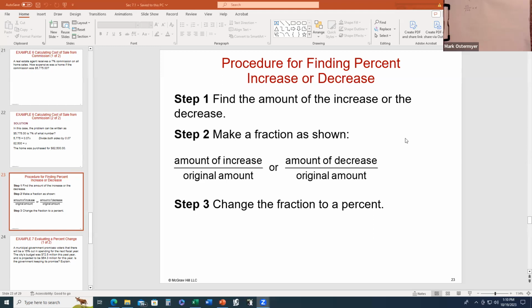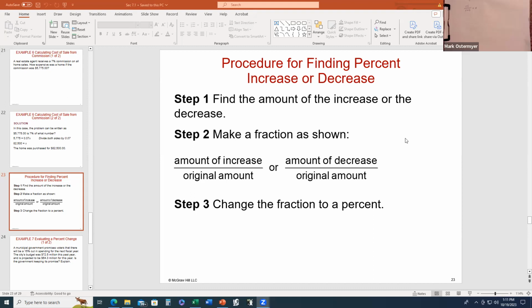First of all, we compute the amount of increase and we divide by the original amount. They leave it as a fraction, and then you change the fraction to a decimal by literally dividing the amount of increase by the original amount.